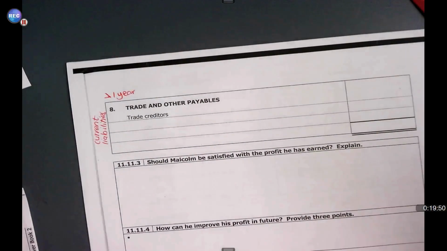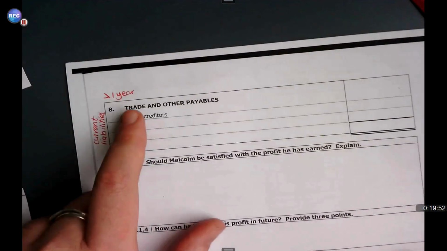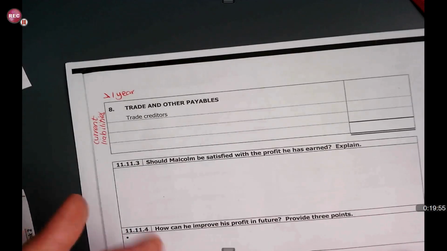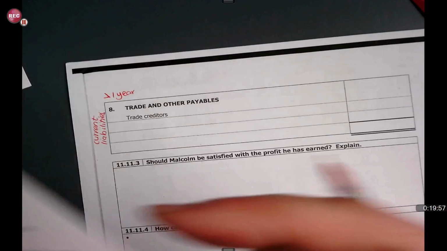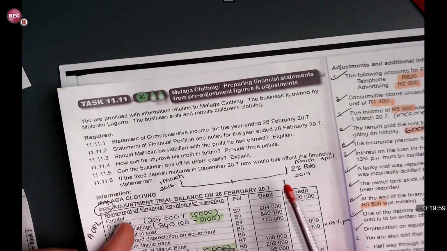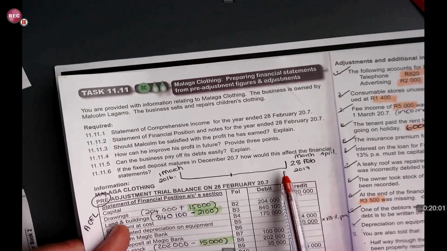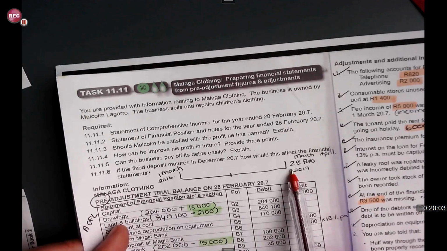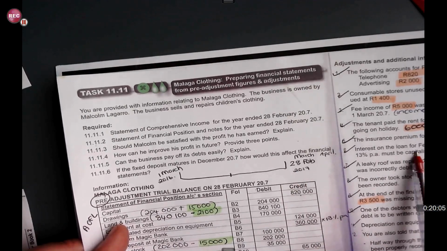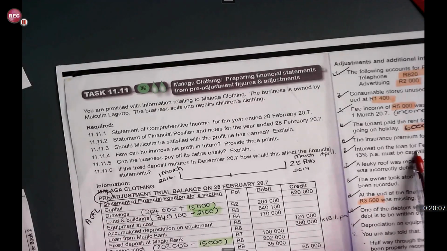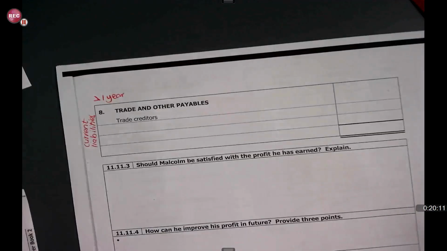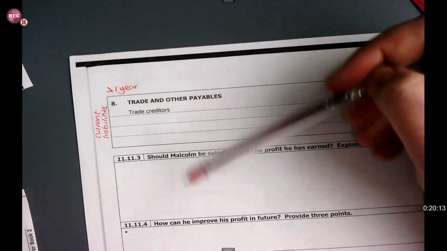So it's payments that need to be made within the next financial year. Remember, the financial year we're working with over here is 1st of March to 28th of Feb. So from the 1st of March 2017 to the end of Feb 2018, that would be what we're looking at over here.